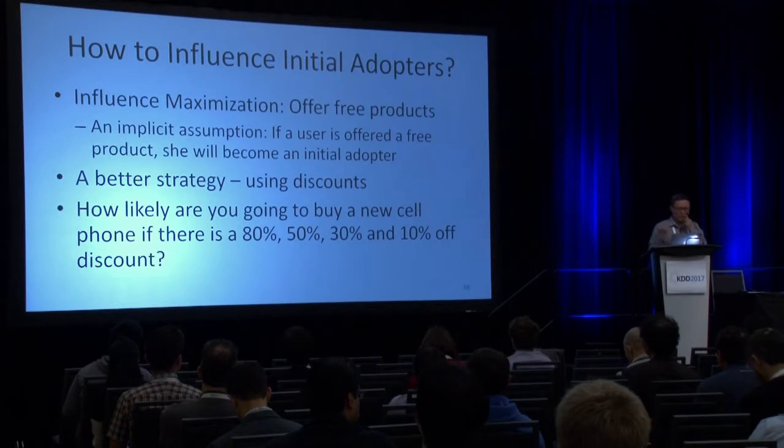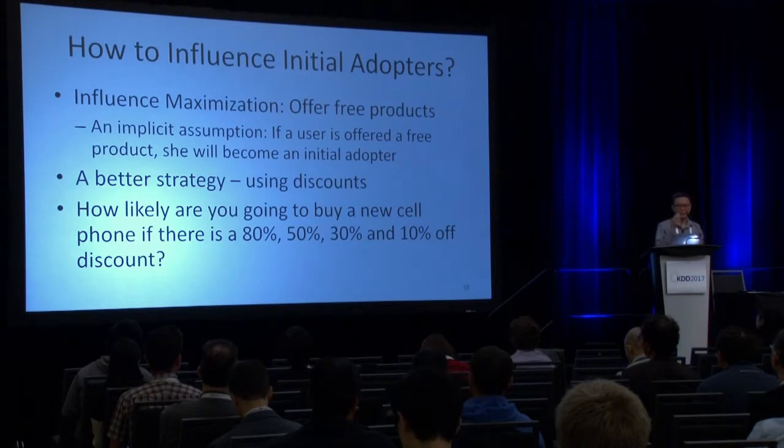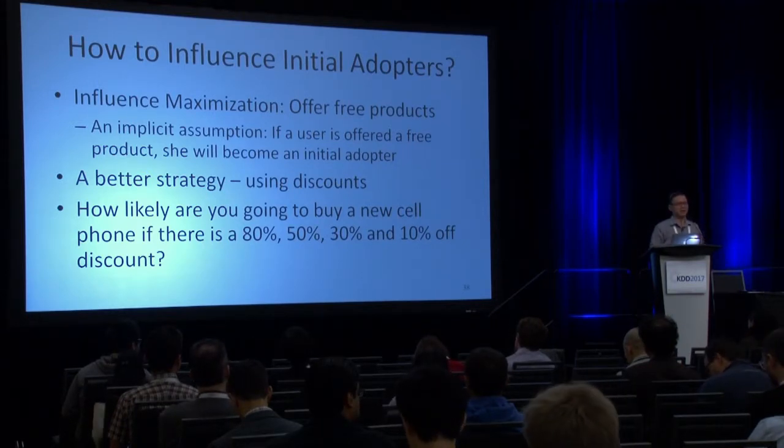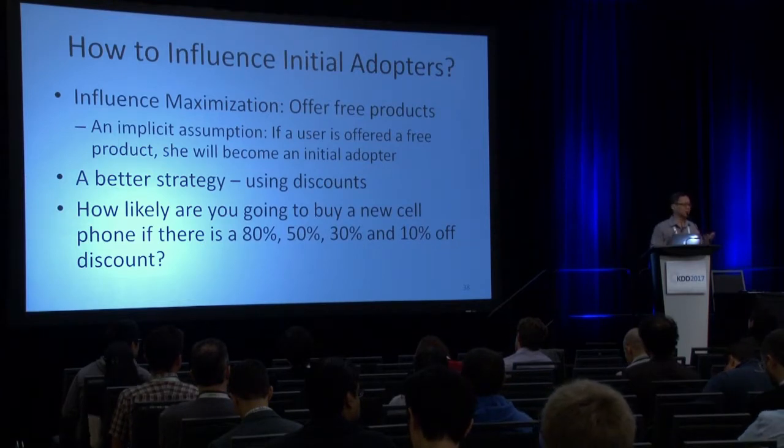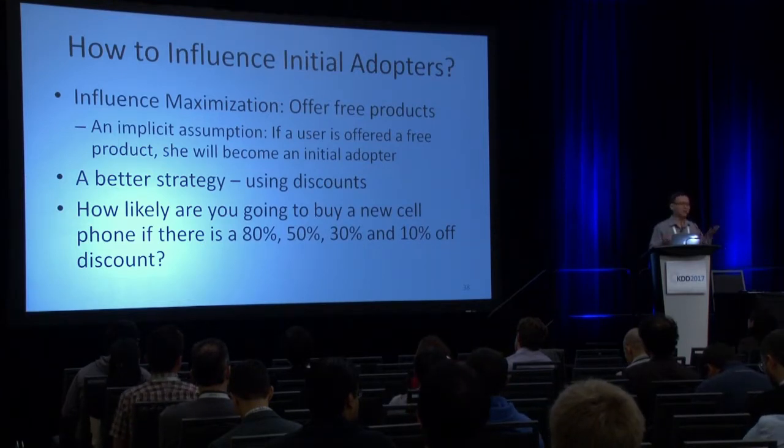So a better strategy is, instead of giving a free product, let's give you some discount. A discount serves two purposes. The first is that it's a test of your willingness to switch. If you are not interested in switching anyway, even if I say I give you a new Android phone for $50, you say no, because anyway I won't switch.